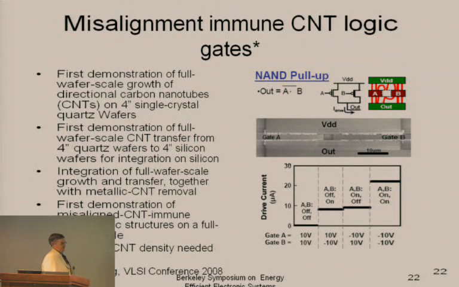They actually have much better properties in one direction than the other direction. And by doing that, he can come up with circuits which are misalignment immune.